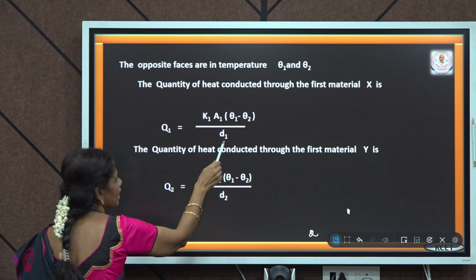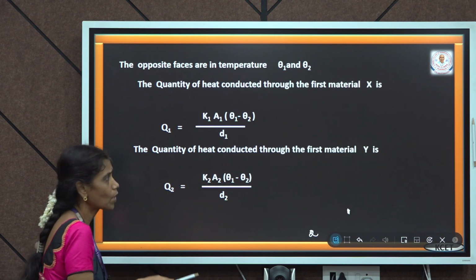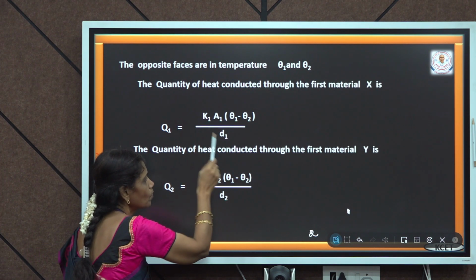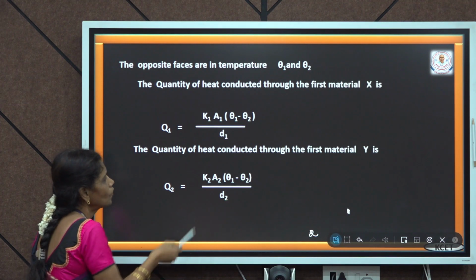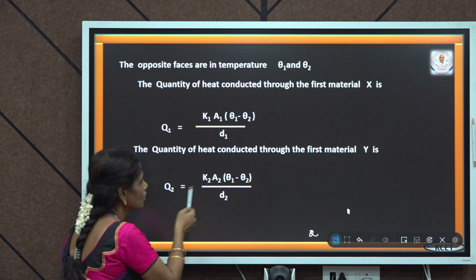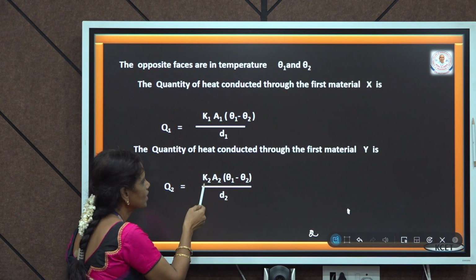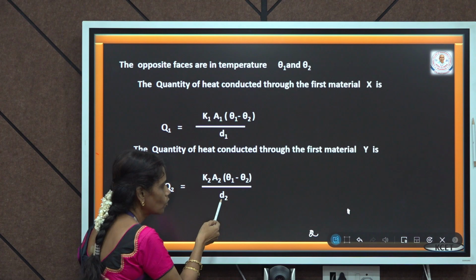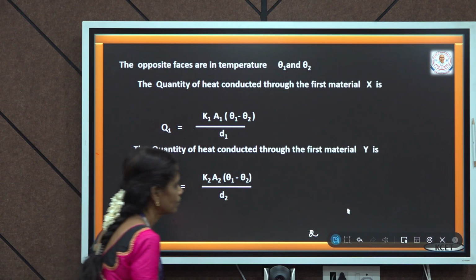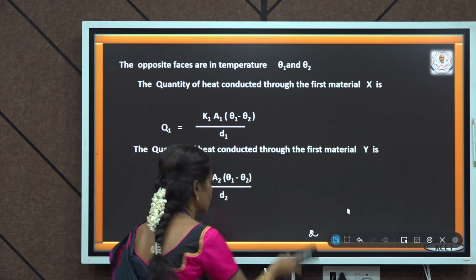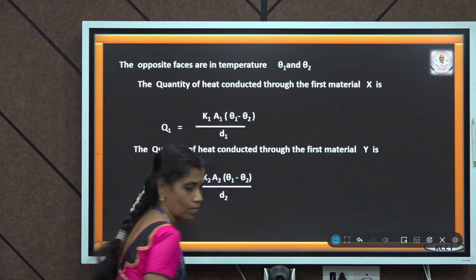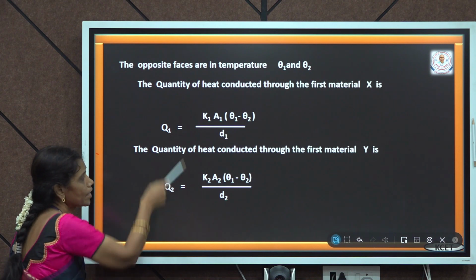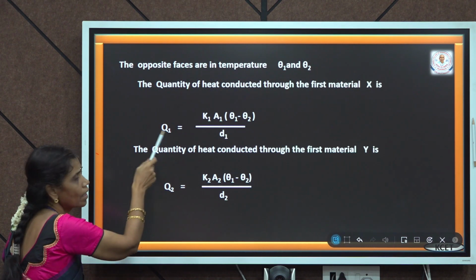And for the second material, the quantity of heat conducted is taken as Q2 equal to K2 A2 (theta 1 minus theta 2) by D2. So, the quantity of heat conducted by both the materials are written.